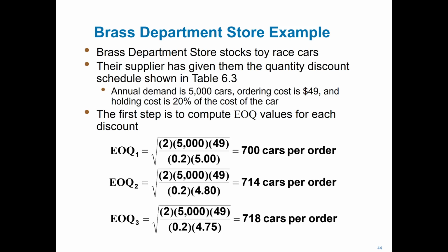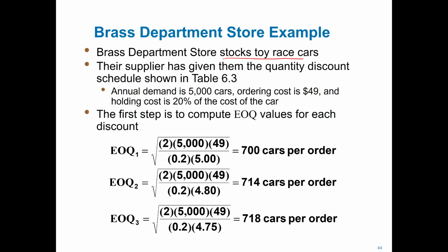Now we take the example of a brass department store, which is stocking toy race cars. Their supplier has given them the quantity discount schedule shown in table 6.3. We have seen the earlier table: there was no discount if it is less than 1000 units, and it was $5 per piece.